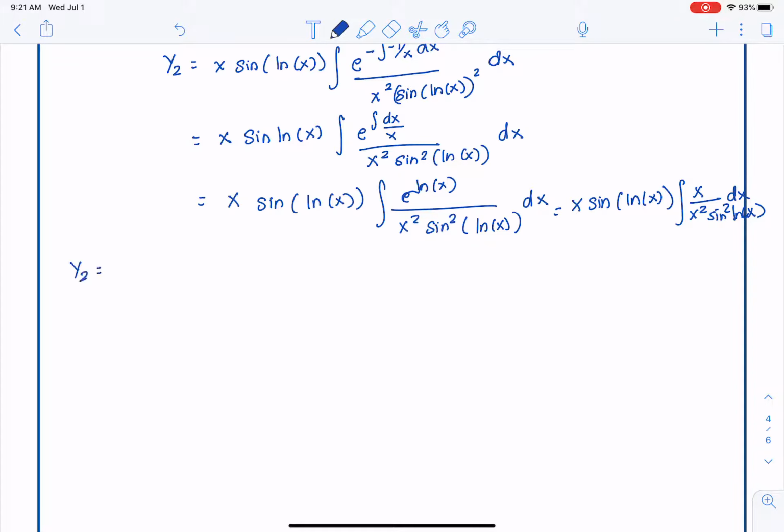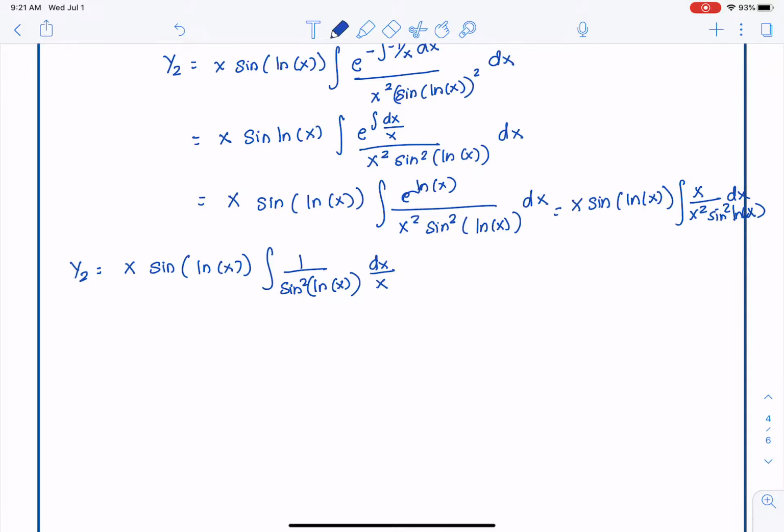So y2 is equal to x times sine ln of x integral 1 over sine squared ln of x multiplied by dx over x.